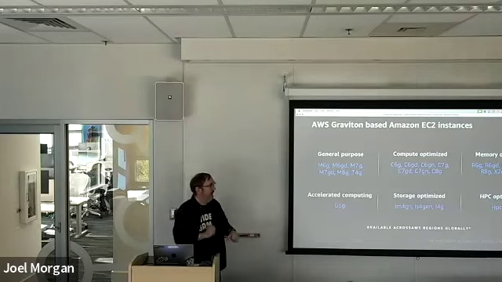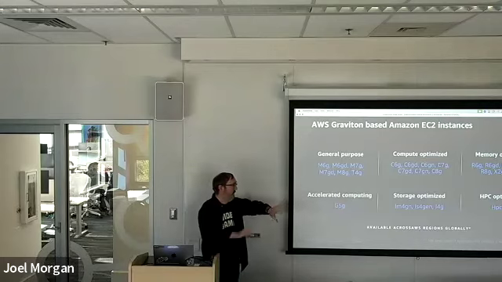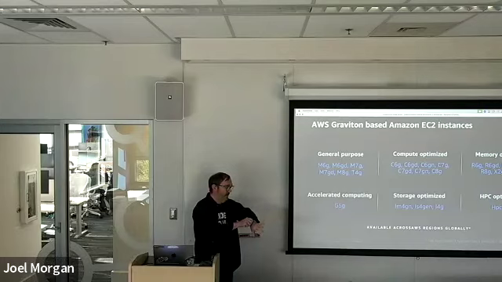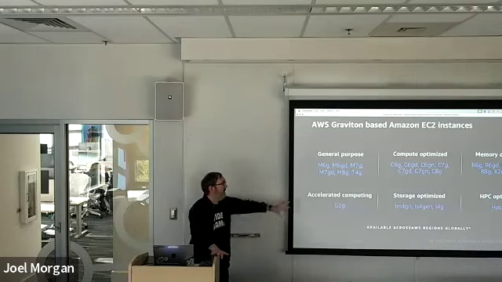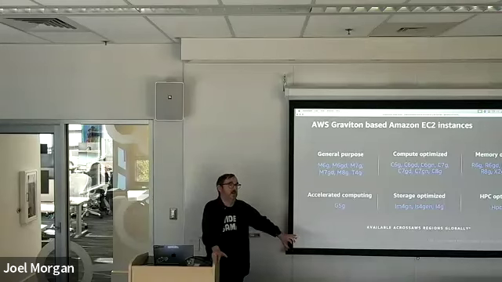That happens. Accelerated computing: when I was talking before about computers with accelerators in them, those were all, of course, Intel-based. So all of the P series, the G series, and the Inferentia and Trainium instances are all x86.